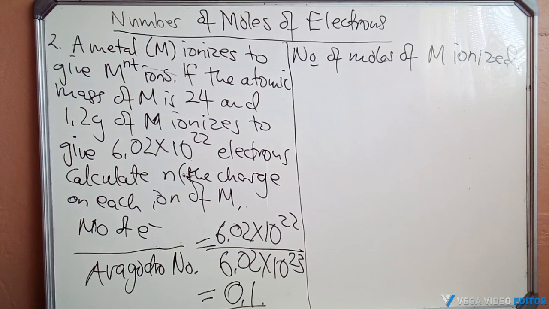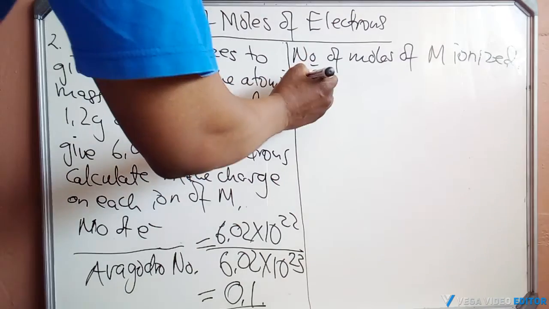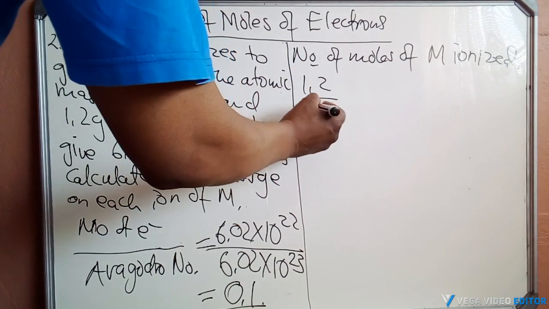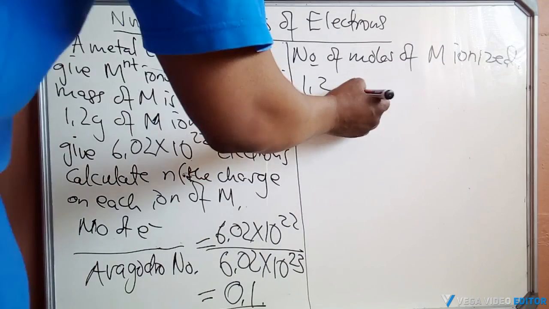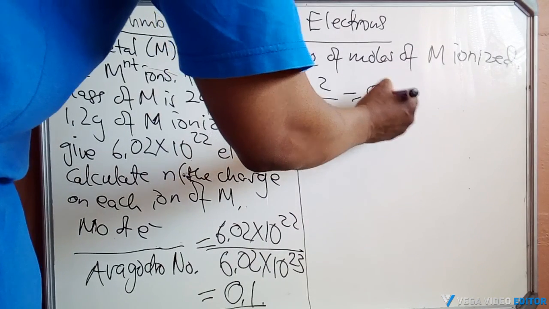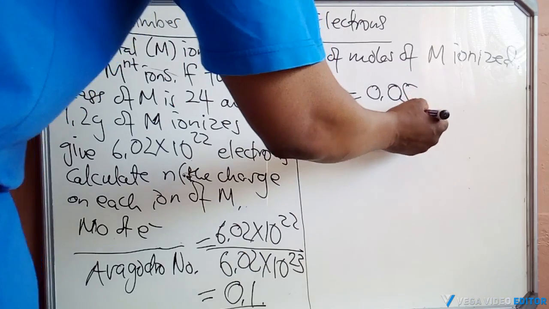So we want to find the number of moles that have ionized, which is 1.2 divided by 24, your total mass, and that will give you a ratio of 0.05.